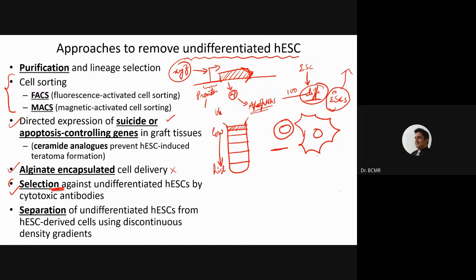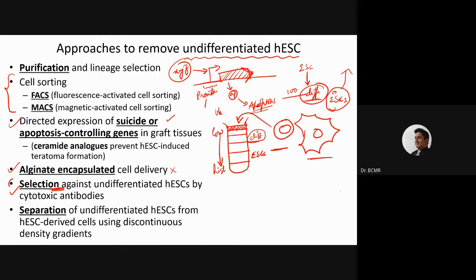They certainly have differences in their shape and compactness, and therefore they will have different densities or buoyancies. When the mixture of cells is applied here and we perform centrifugation, maybe the embryonic stem cells will come here. It depends, I'm unsure. Embryonic stem cells, for example, may come here and differentiated cells may come here.